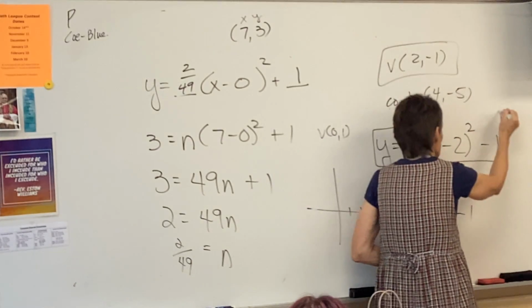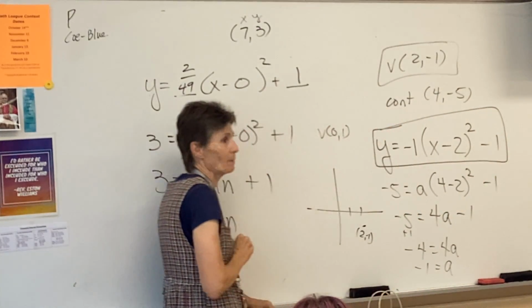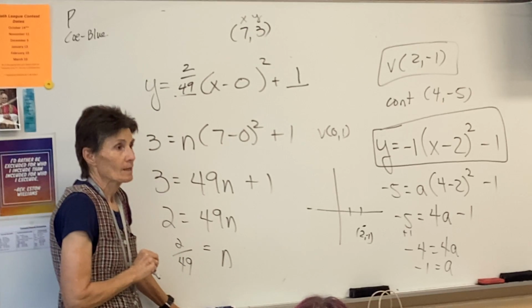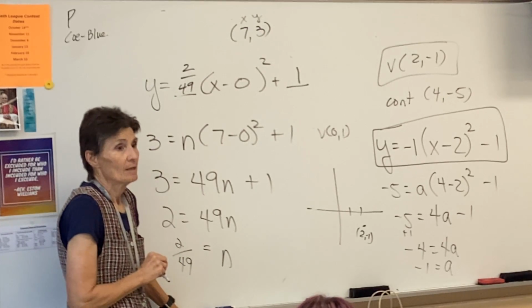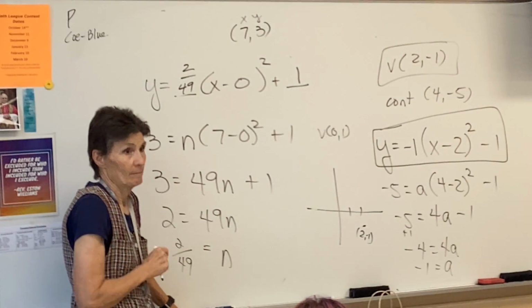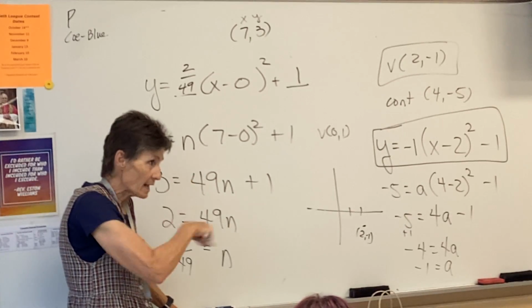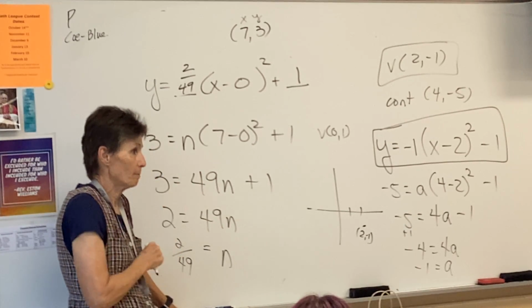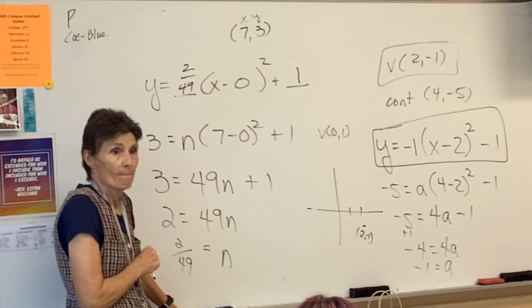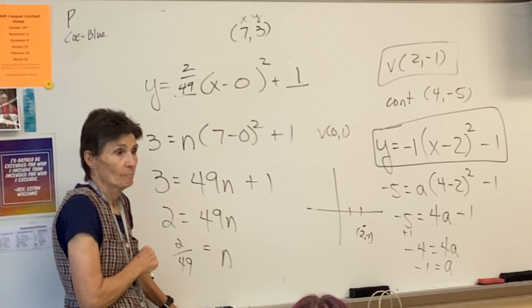The equation is what goes in the answer blank. The answer isn't A, the answer is the equation with the A put back in, negative 1 put back in. All right?